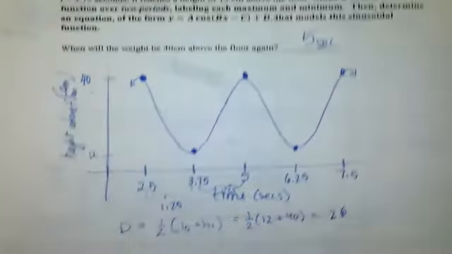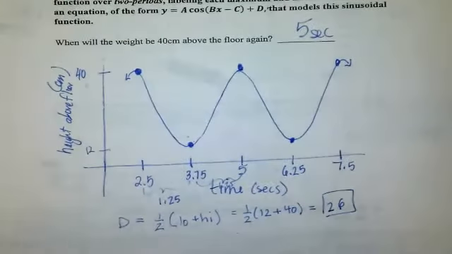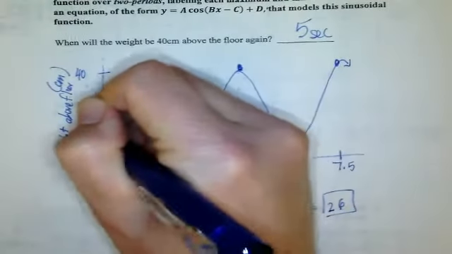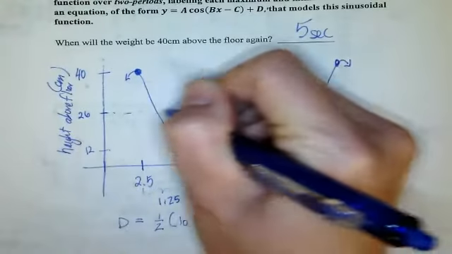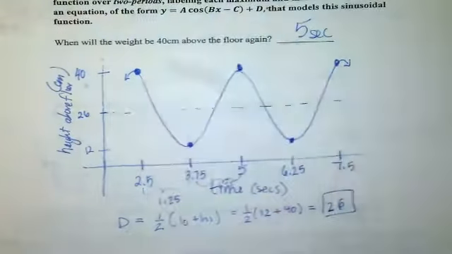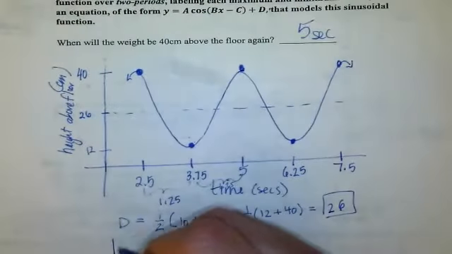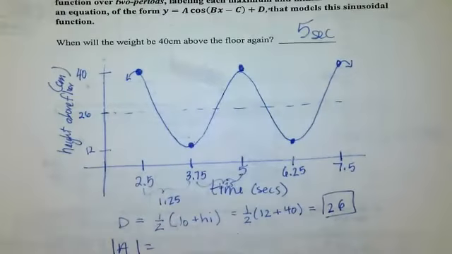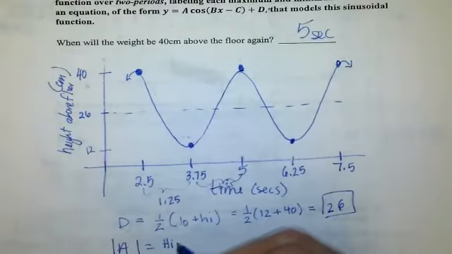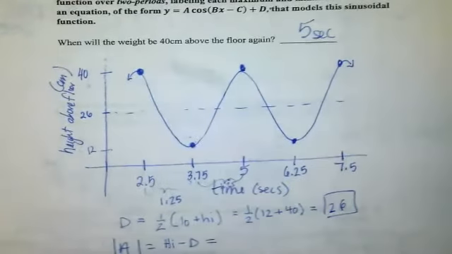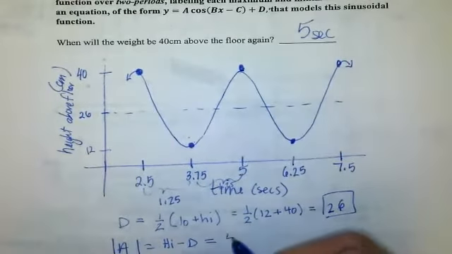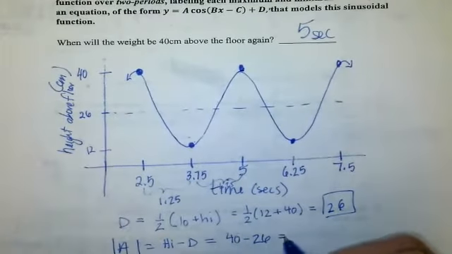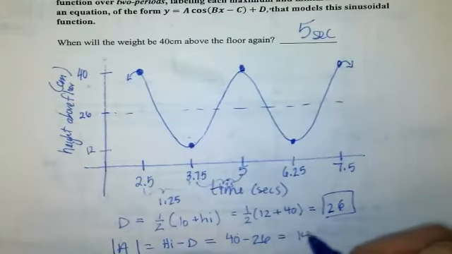Okay, 26, good. So 26 fits right about in here, and that seems about even. So how do we figure out the amplitude? High minus the midline. So that'd be 40 minus 26, which is 14.